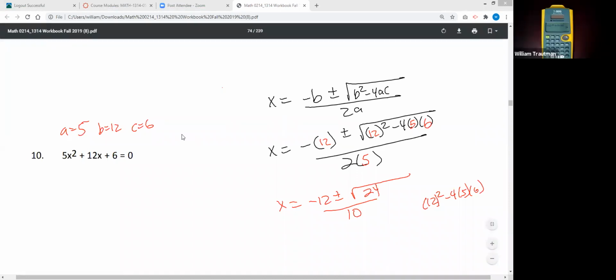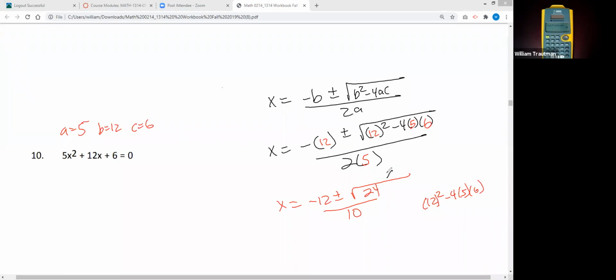So we got the 24. So you can actually put this in your calculator now. X equals negative 12 plus the square root of 24 over 10, and we're going to change that to a plus or minus. So put that in your calculator. I'm going to go to the calculator now and do that.